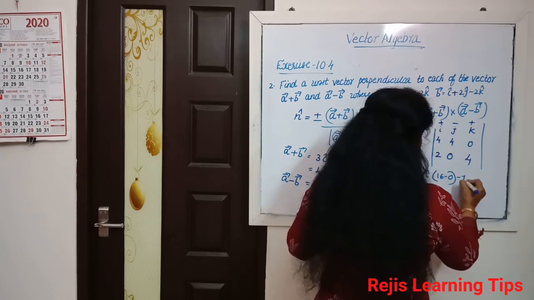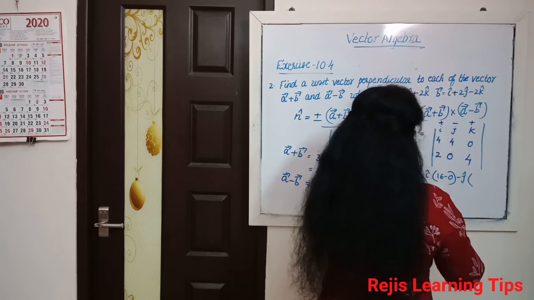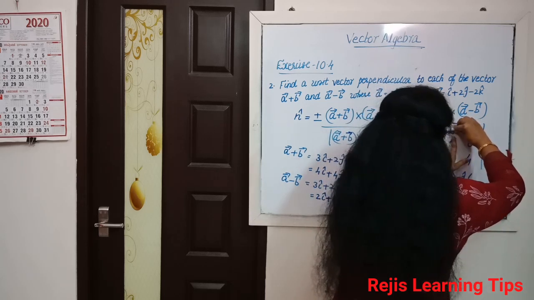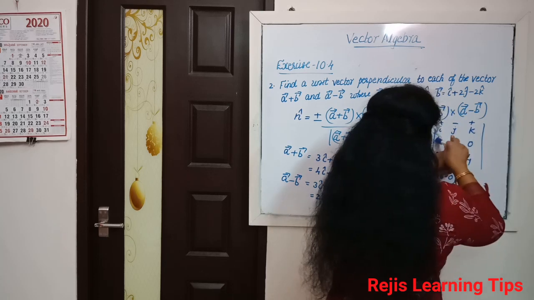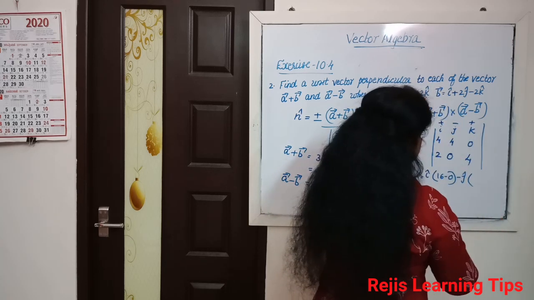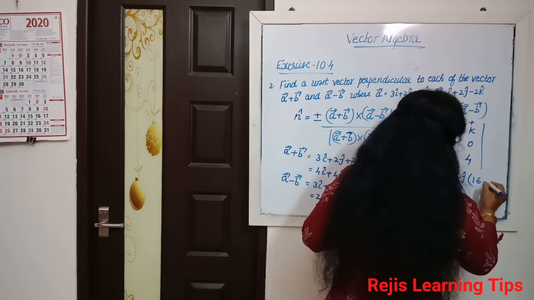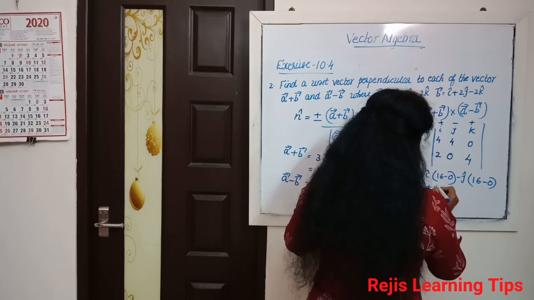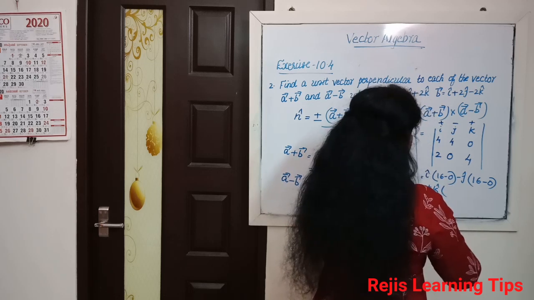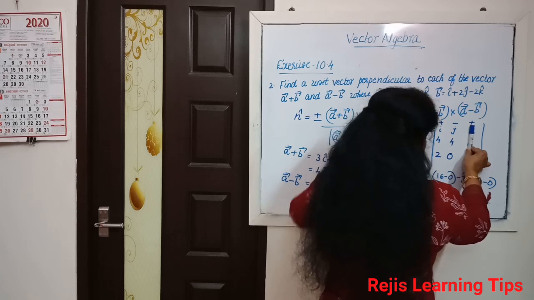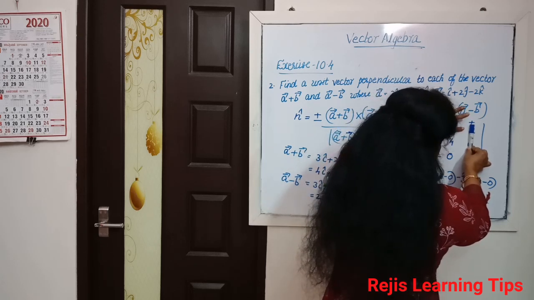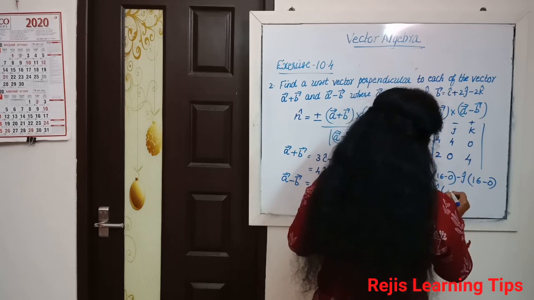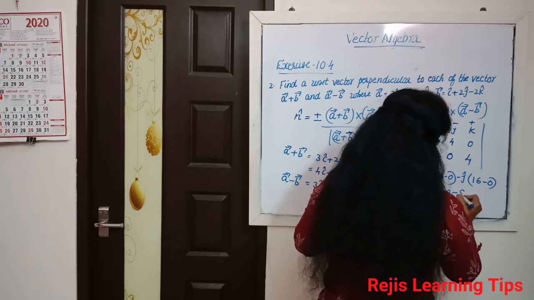Then minus j cap into, we remove this row and this column. Then we get 4, 0, 2, 4. 4 into 4 is 16 minus 2 into 0 is 0. Then plus k into, we remove this column and row, then we get 4, 4, 2, 0. Then 4 into 0 is 0, 0 minus 2 into 4 is 8.